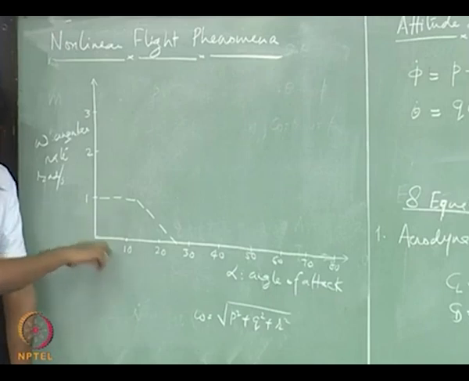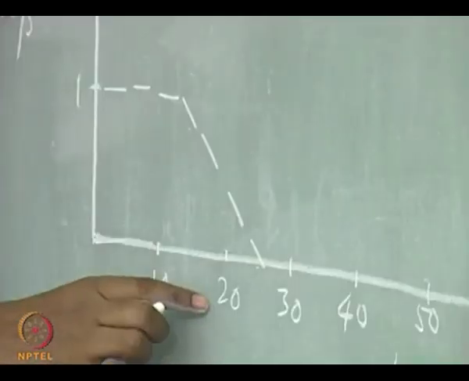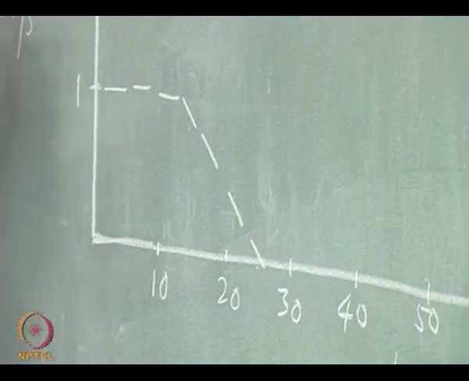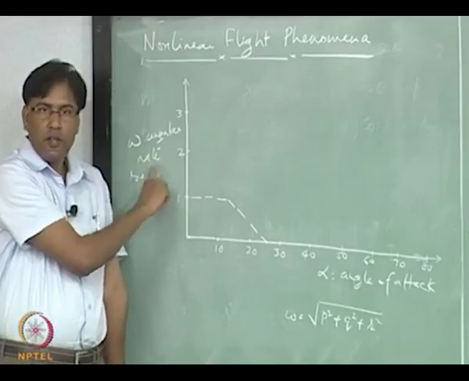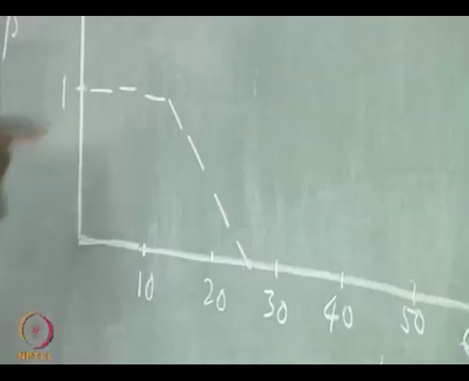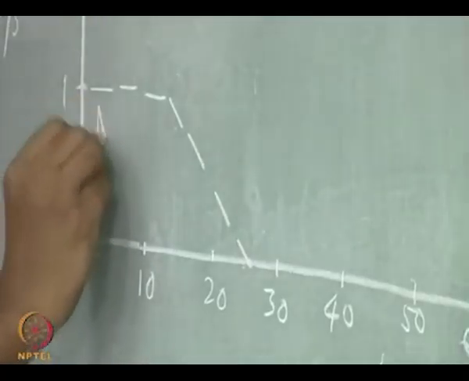This is a normal flying regime when you are flying below this alpha and below this value of the absolute angular rates.